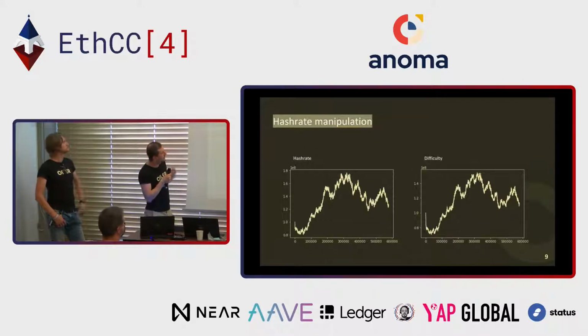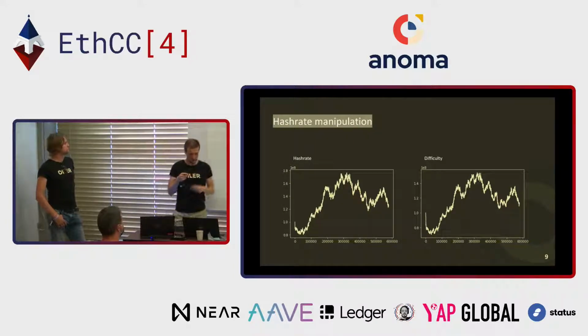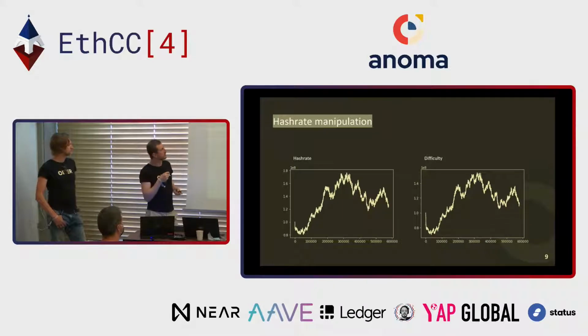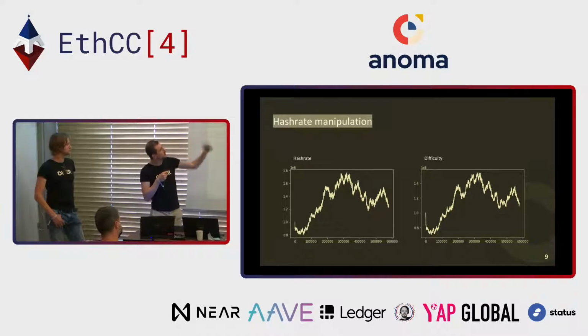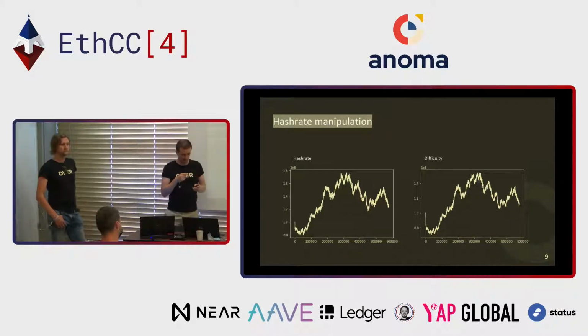As for hash rates, these are results of a simulation that used the actual algorithms from the consensus protocol in Ethereum, and it shows that these charts look almost identical. They're not identical, but they show that we can use difficulty as a proxy for the hash rate. When the hash rate goes up, the difficulty will go up. When the hash rate goes down, the difficulty will go down.